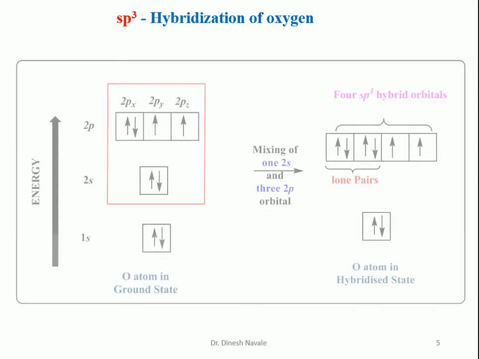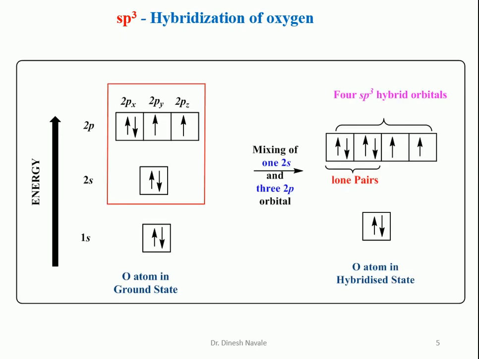This is the diagrammatic representation for the formation of sp3 hybridization of the oxygen atom. Along the y-axis it will be the energy, and along the x-axis we are going to see the hybridization.